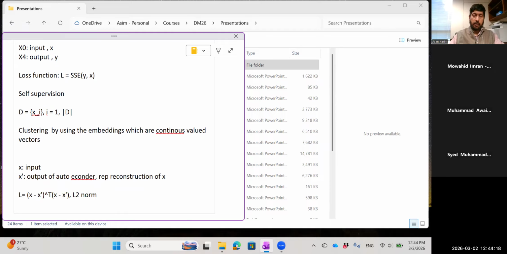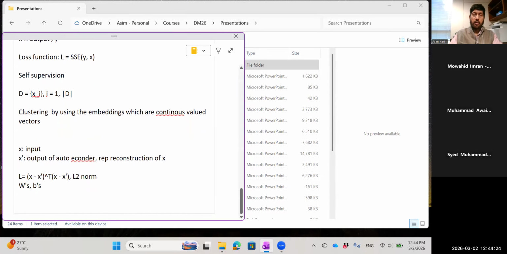So after minimizing this, your w's and b's are fixed. Now you can use the network to get representations for any new x. कोई भी नया x देंगे, आपके पास इंटरमीडिएट लेयर्स की जो आउटपुट्स आ रही हैं, वो आप यूज कर सकते हैं फॉर योर रिप्रेजेंटेशन. And those representations, as I said, would be usually dense and they will be continuous.